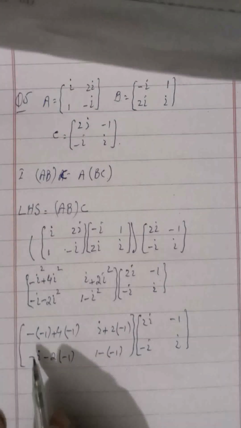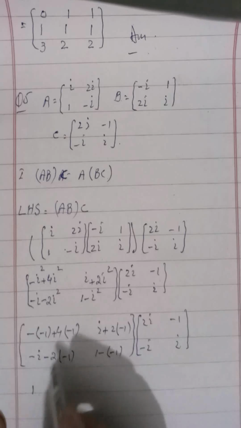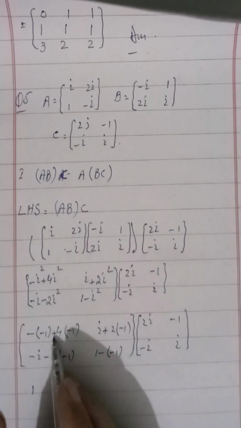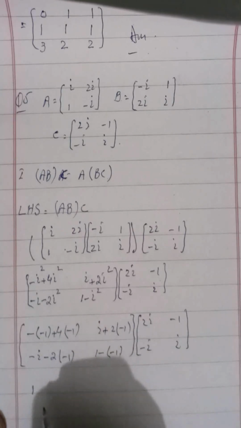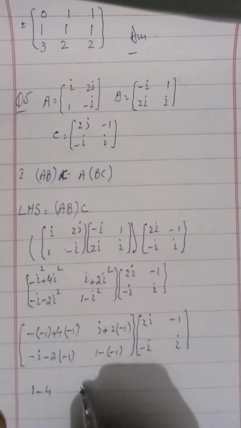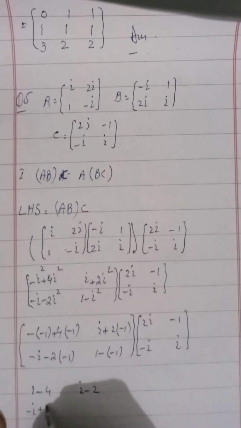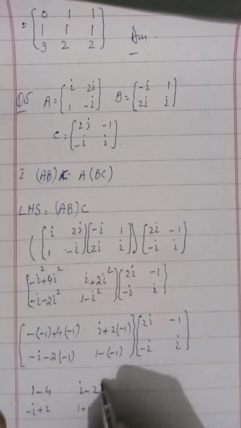Now further simplify. Minus multiplied by minus is equal to plus 1, plus 4 multiplied by minus 1 is equal to minus 4, and here is iota minus 2, and the second row is minus iota plus 2, and here is 1 plus 1.